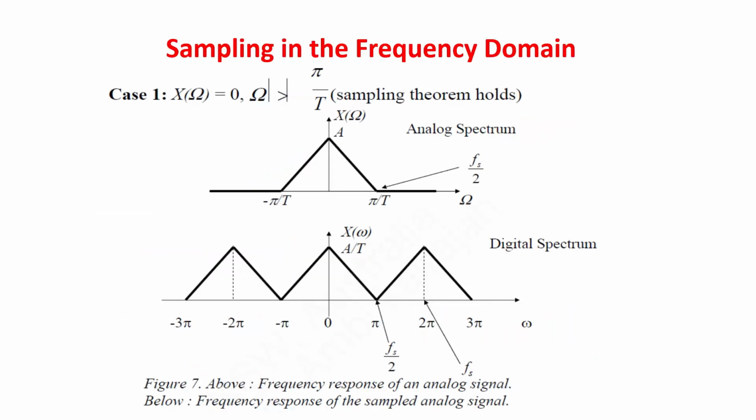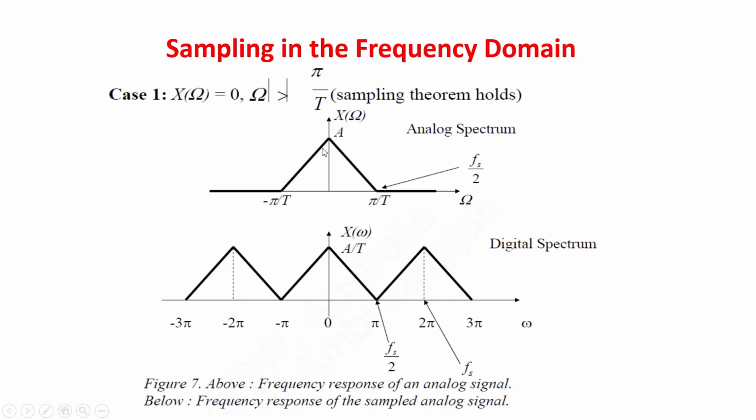Okay. Now this slide shows the sampling in the frequency domain, meaning if you look at the spectrum of the analog signal, this is capital omega, minus pi by T to pi by T. Actually, pi by T in the analog domain corresponds to half the sampling frequency.